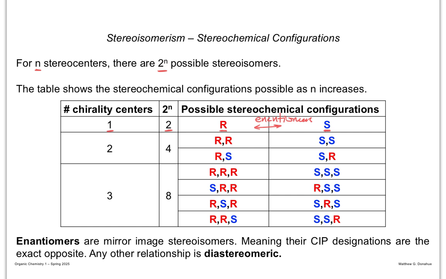What about when you have two stereocenters? You can end up with 4 stereoisomers. If they both have the R configuration, so RR, the enantiomer of that is SS. So again, enantiomers.